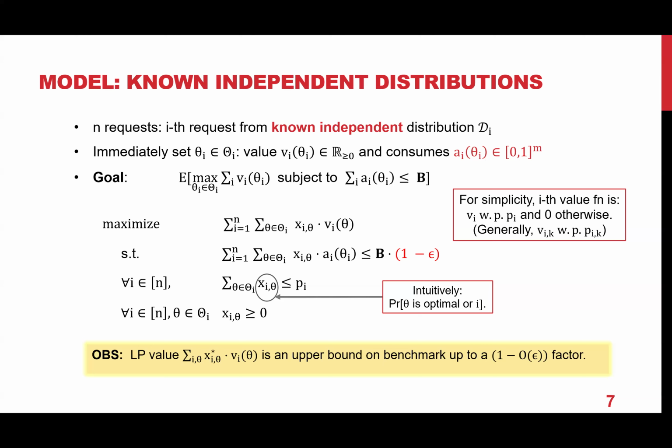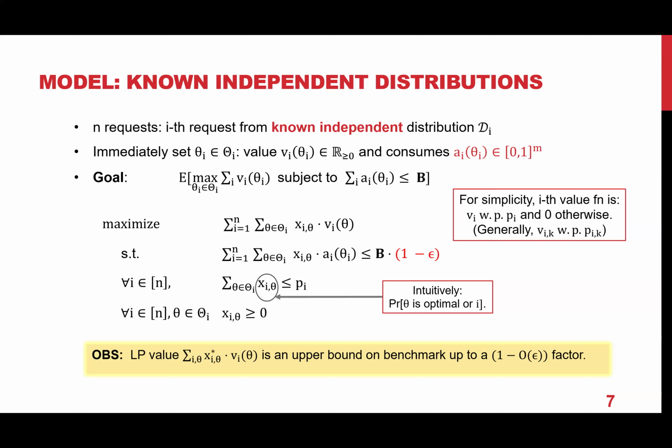Good. So this is what I'm saying: if you solve this LP, you'll get some solution x_i,theta star. This objective value is an upper bound on the benchmark up to this 1 minus epsilon factor. And the plan will be, if I can give you an online algorithm which gets roughly this LP value, then it will say that online resource allocation, at least algorithmically for known distributions, can be solved.